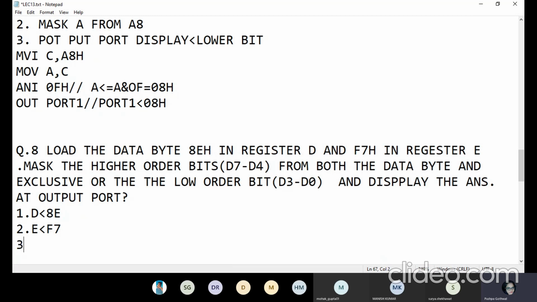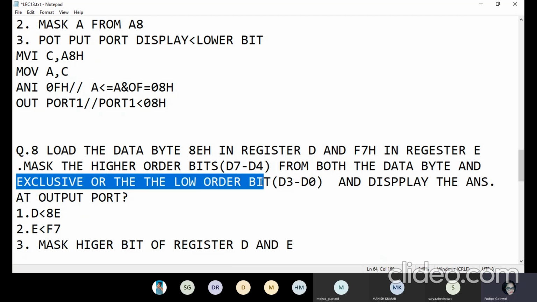So third part, what do you have to do? Mask the higher bits of registers D and E. You have to mask this number. Then what they said is to XOR the lower order bits.